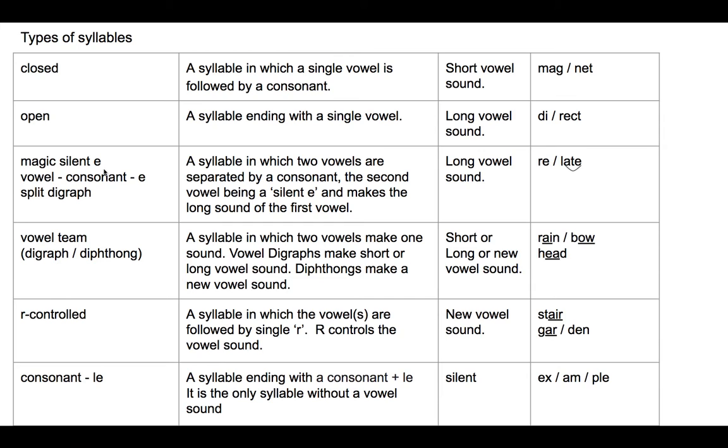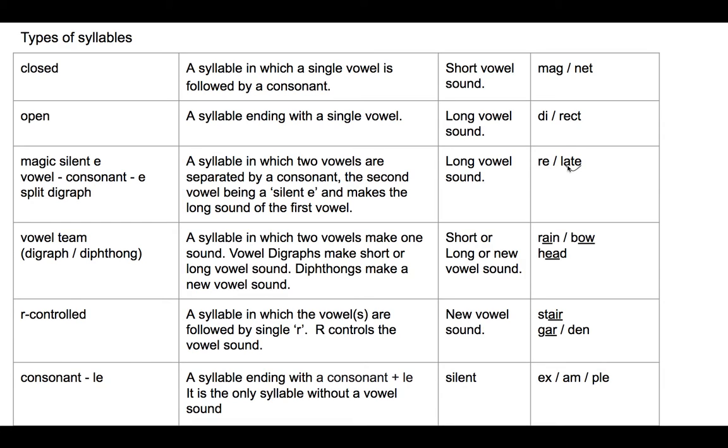Magic silent E, vowel consonant E, split digraph are all one and the same. And this is a syllable in which two vowels are separated by a consonant, the second vowel being a silent E and makes the long sound of the first vowel. For example, relate.